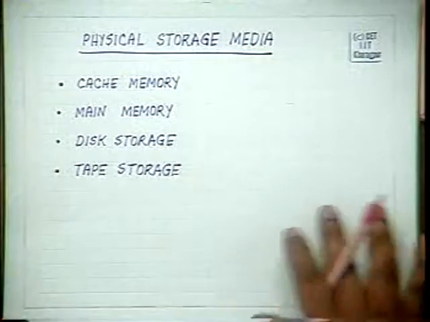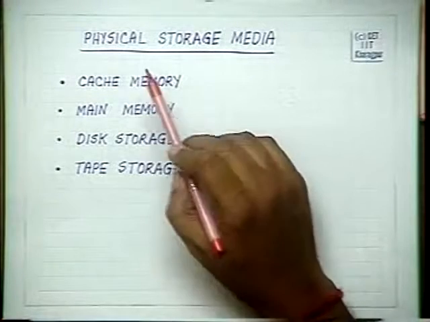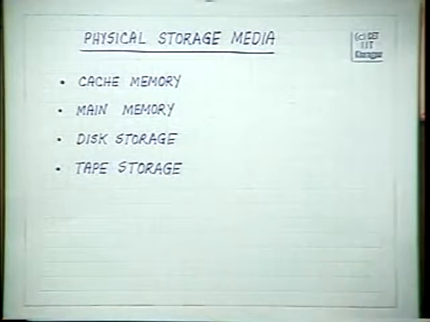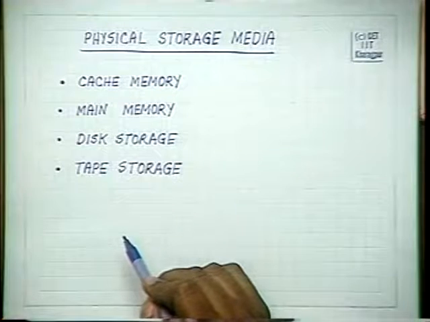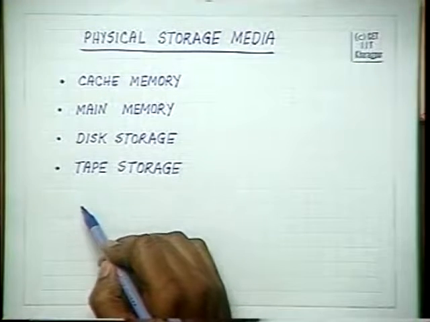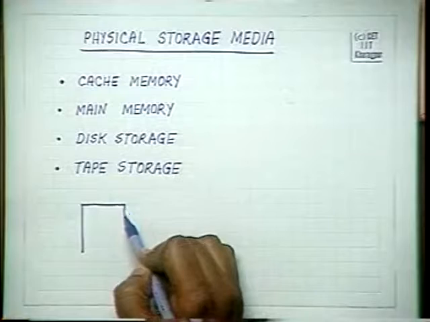Now, before going into what the database does, we have to see what are the types of physical storage media which are available. For example, we have got the processor memory and secondary storage hierarchy, which is the standard hierarchy which is known to us.